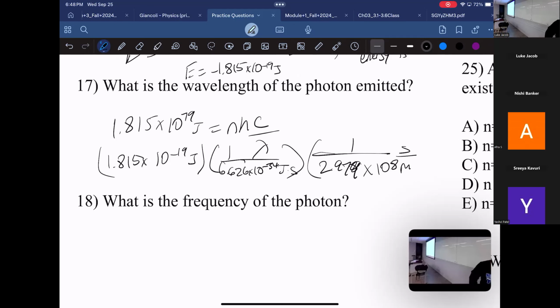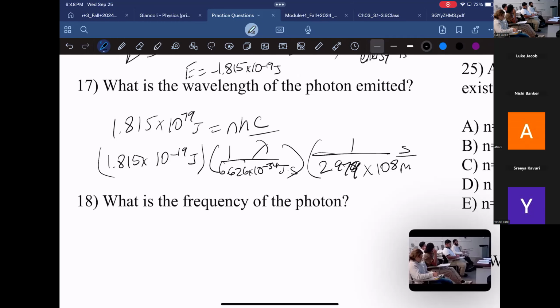I'm getting a little confused with the units, so I'm just going to do this now. You really can't have a negative length, right? Times 10 to the -19. You want to divide by Planck's constant, 6.626 times 10 to the -34 joules.